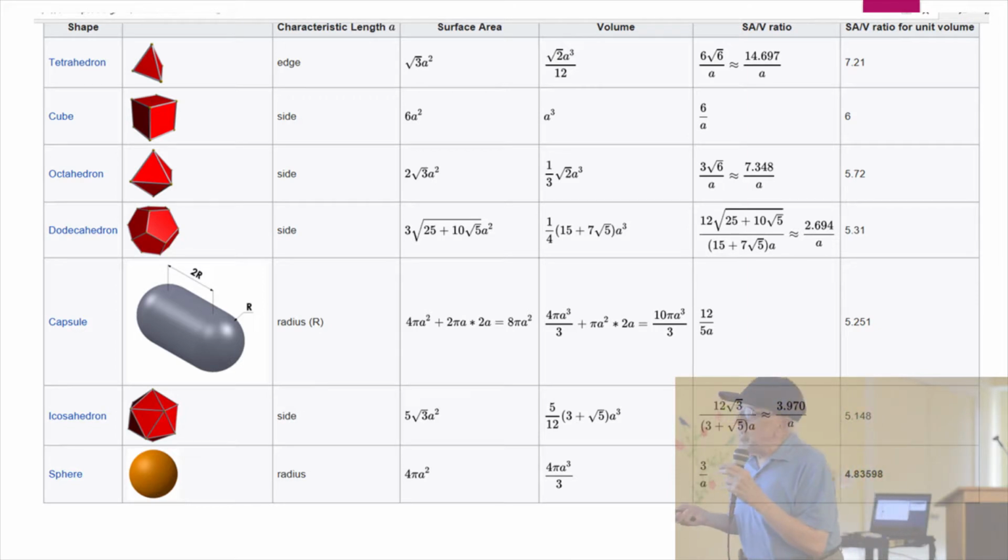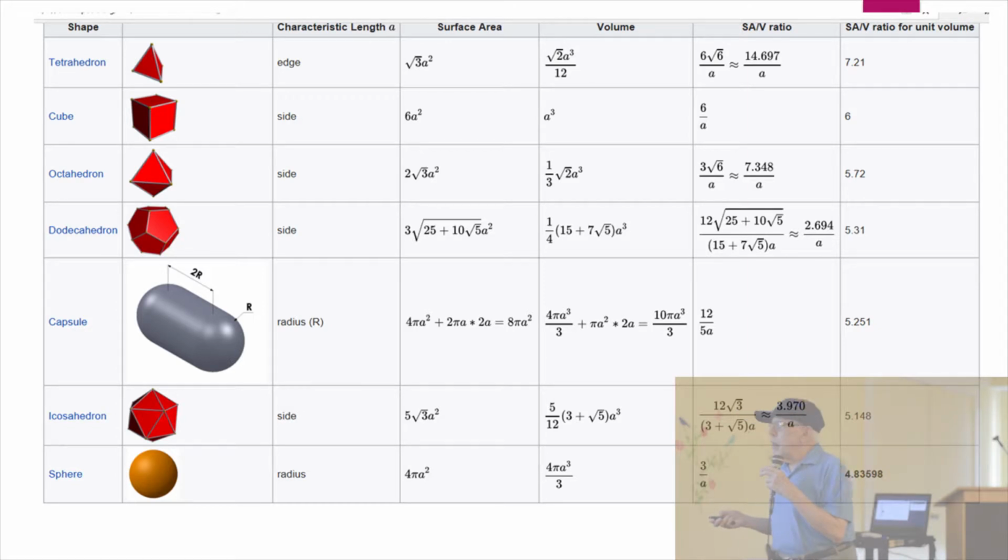For a dodecahedron, 12 sides, I guess, it's 5.31. You notice a trend here. It's dropping. A capsule is roughly 5.25. An icosahedron, God knows how many sides that is, 5.148.